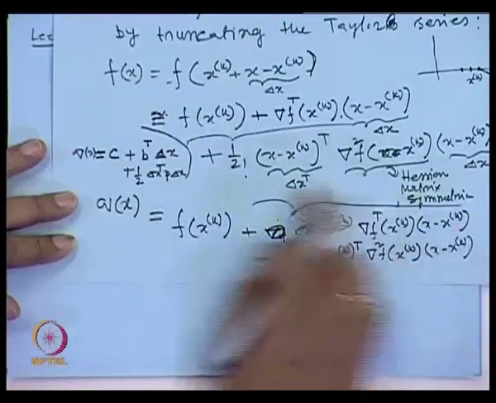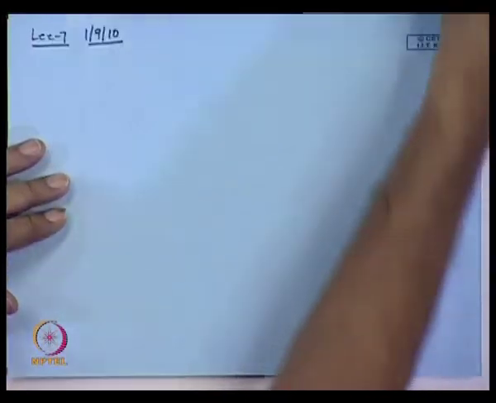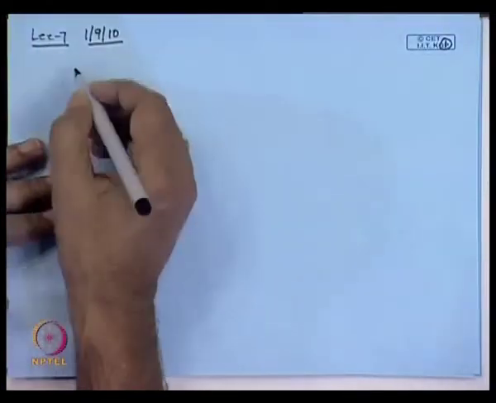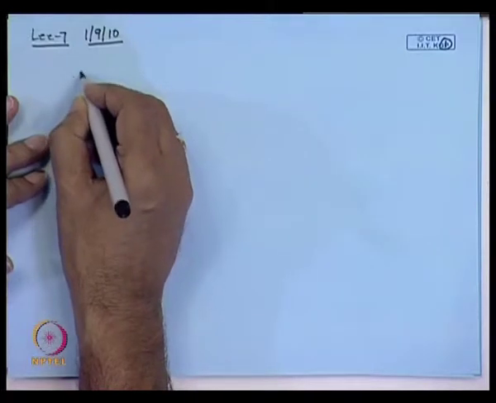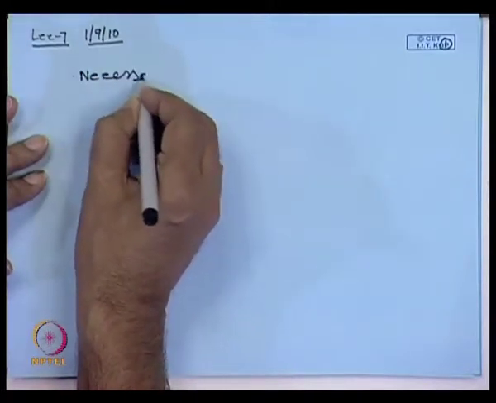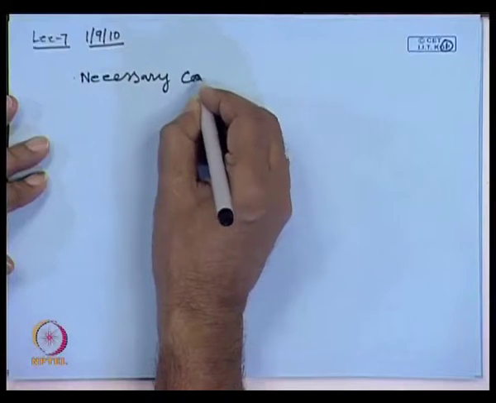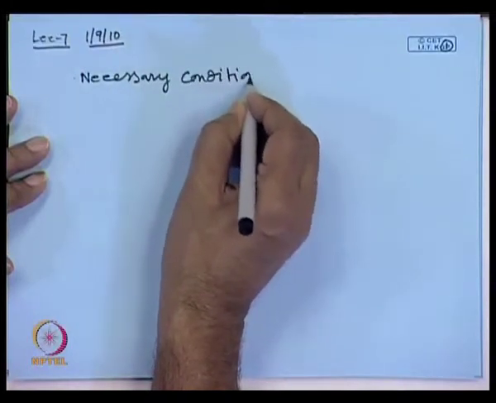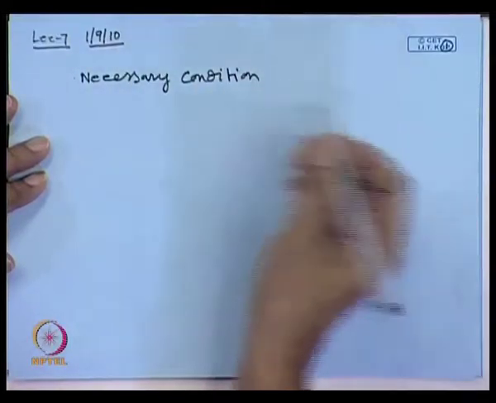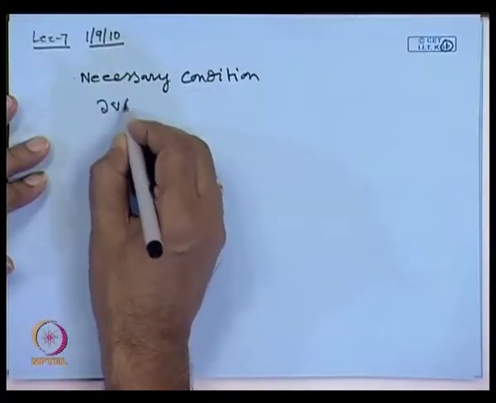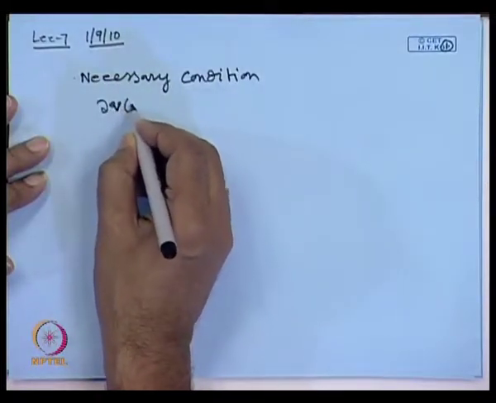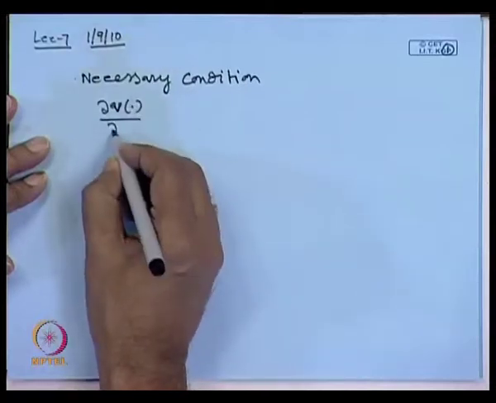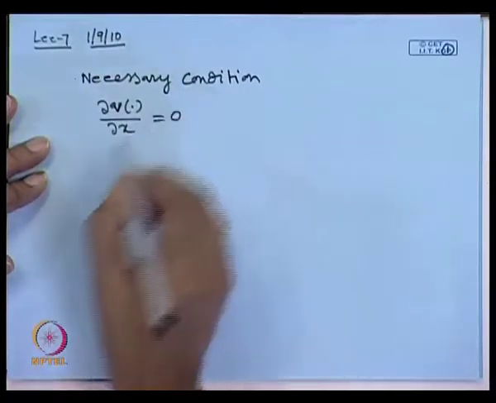The necessary condition for this quadratic function to be minimized, which we derived earlier, is that the gradient of q with respect to x is equal to 0.